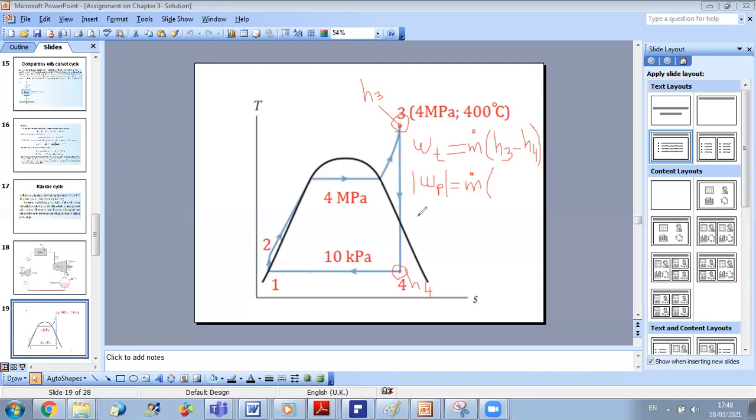If you want to find the absolute value, you will take H2 minus H1, because H2 is higher than H1. So since I considered the absolute value, then it is H2 minus H1. And finally, what about the boiler heat? It can be computed from what? Qn equal to what? How can I find it?